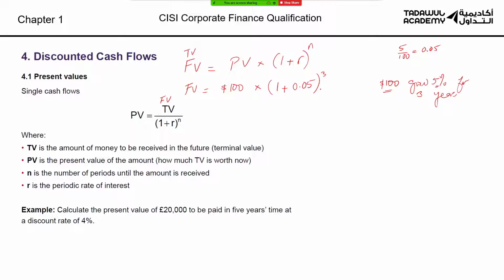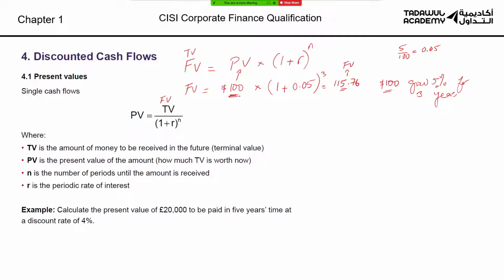So if we do this calculation, 1.05 to the power 3 times 100 should give you 115.76. So $100 today is equal to $115 in the future after growth. Why?